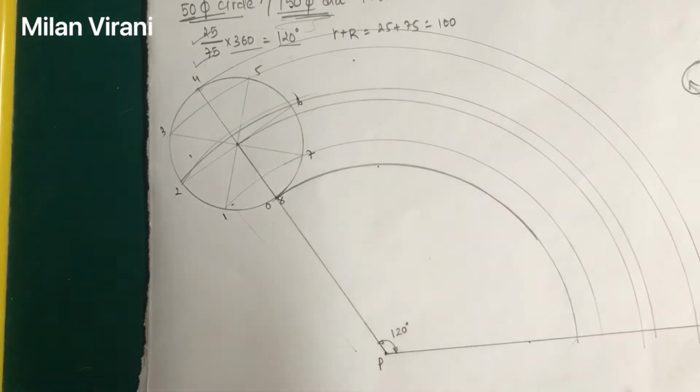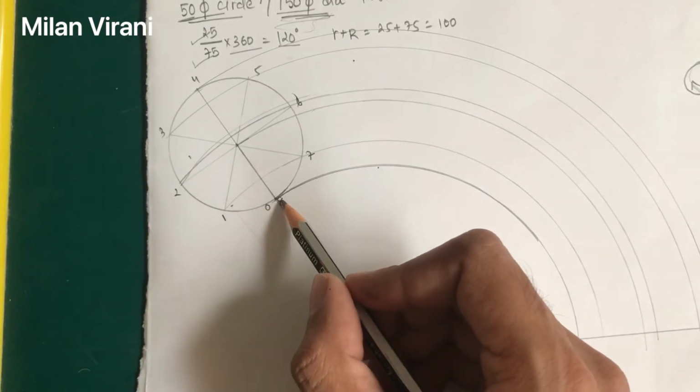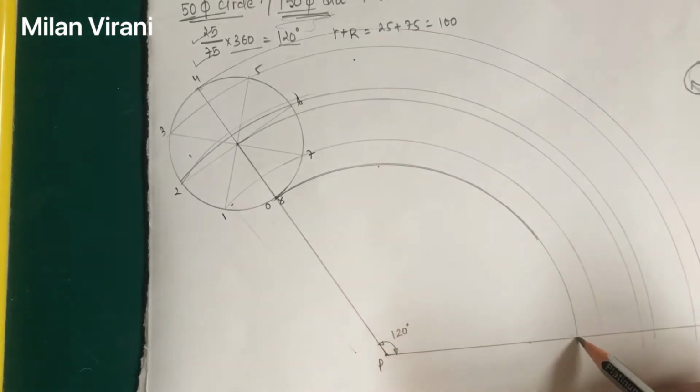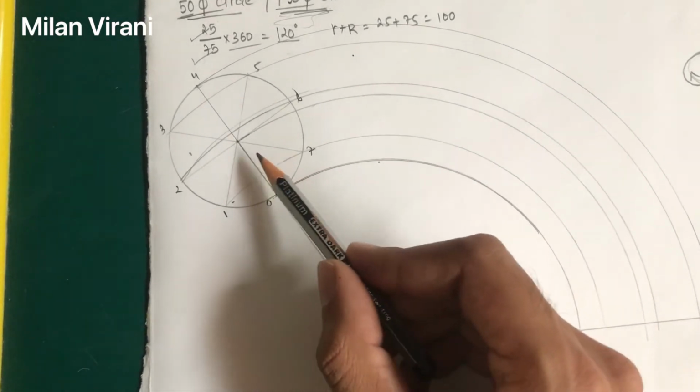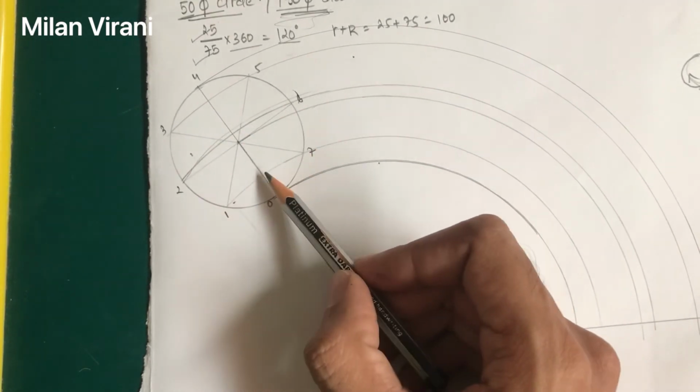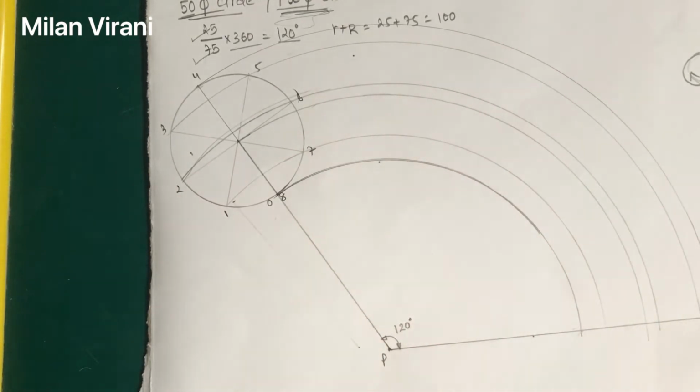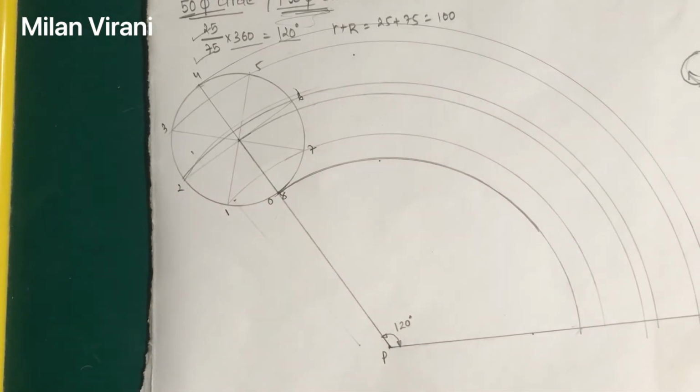As I told you, this circle rotates a full rotation up to here, and I divide this circle into 8 parts. So this arc we have to divide into 8 equal parts.